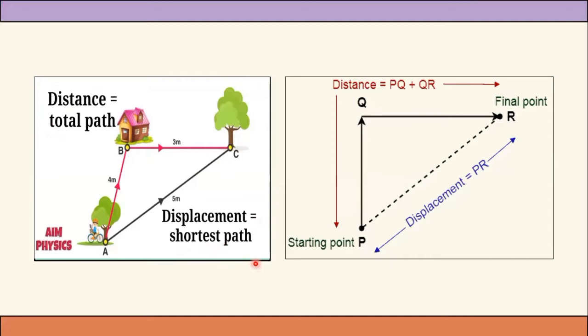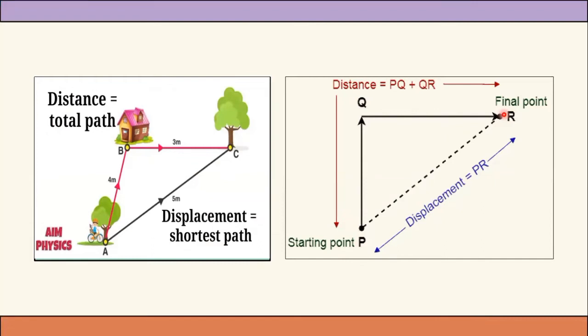Meanwhile, displacement is the shortcut. In this figure, the distance is our movement from P to Q, Q to R, and the displacement is our shortcut movement from P to R. So, do you get what is the difference between distance and displacement? Yes, teacher. Okay, very good.